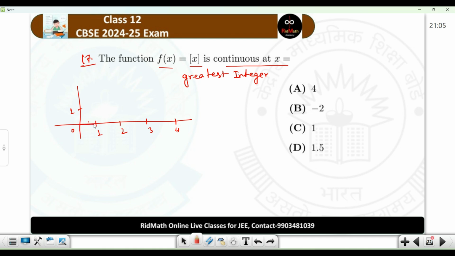This is from 0 to 1. At 1, this is 1, and before 2, this is also 1, and again from 2 to 3, this is 3, and like that. So this is also called the step function, and you can clearly see that this is continuous at every point except the integers. So that means this is 1.5 and here it is continuous like this. So option number D is correct.